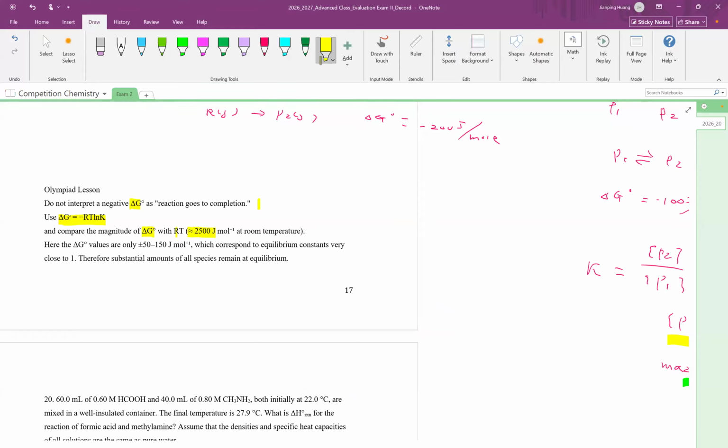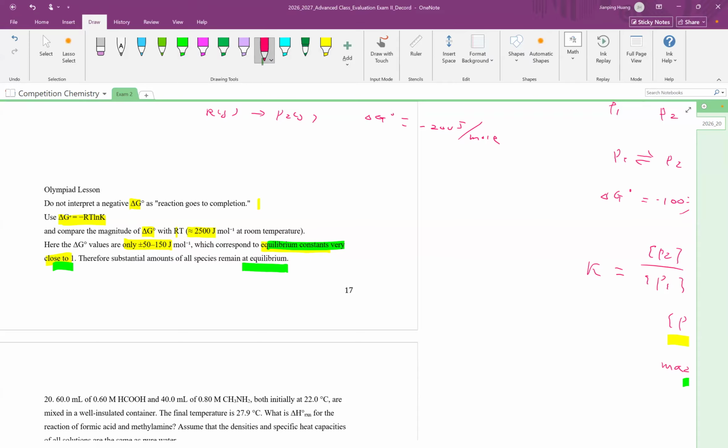With RT at room temperature. If the delta G value is only 50 to 150 plus or minus, which means the equilibrium constant is close to 1. I want you to remember this one. So which means all the species are under equilibrium. That will help a lot when we do the question. Will help a lot, okay?